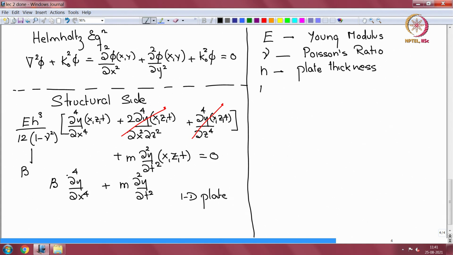B is of course E H cubed by 12 into 1 minus nu squared, the flexural rigidity.